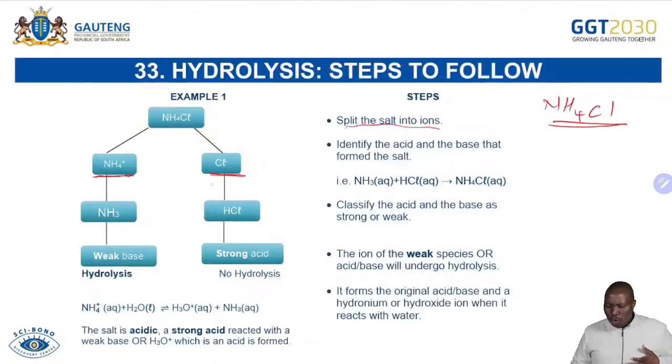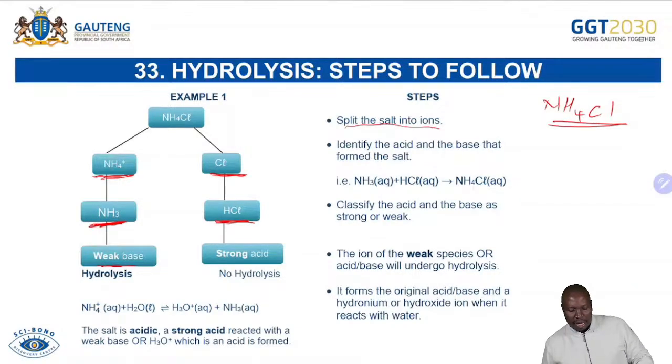If you look at NH4+, this one must be coming from ammonia, NH3, which we know is a weak base. If you look at Cl-, it is from HCl, the common acid, the strong one. So this is a strong acid.